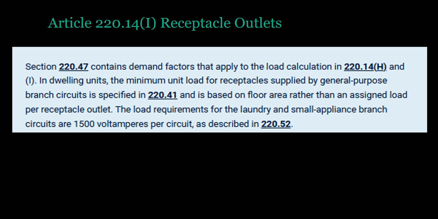That number covers all the general purpose plugs, the plugs in the living room, the bedroom and so on, and all of the lighting load is covered in that particular line. If you're calculating in a commercial load, then it is 180 volt-amperes per outlet.